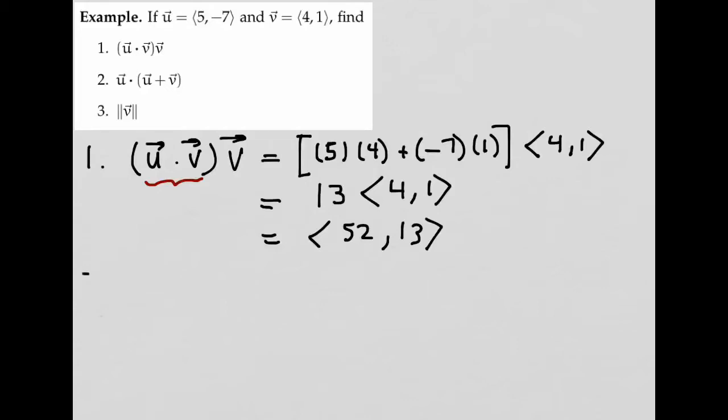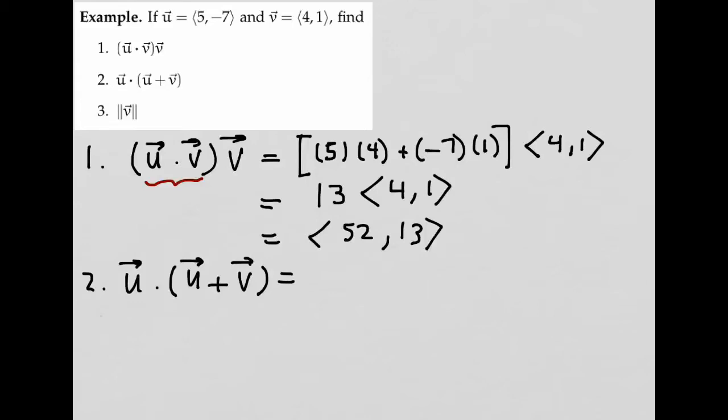Example 2, we have the vector u dotted with the vector u plus v. So the final result will be a number in this case.